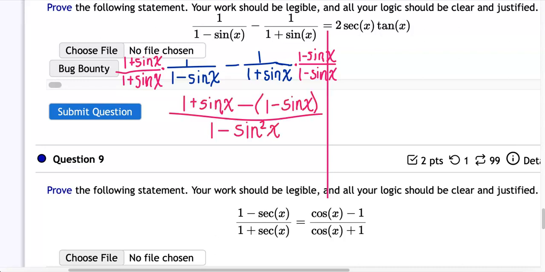And then using the distributive property in that big fraction to distribute the negative to both the 1 and the negative sine x, then we end up with 1 minus 1 and 1 plus, and then sine x plus sine x.